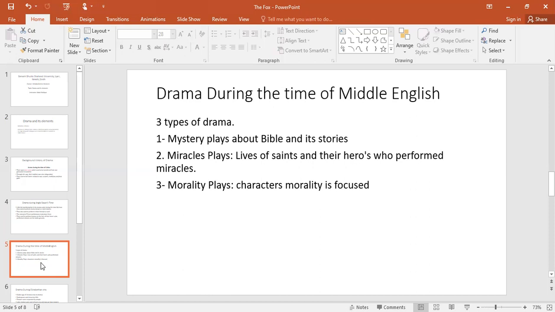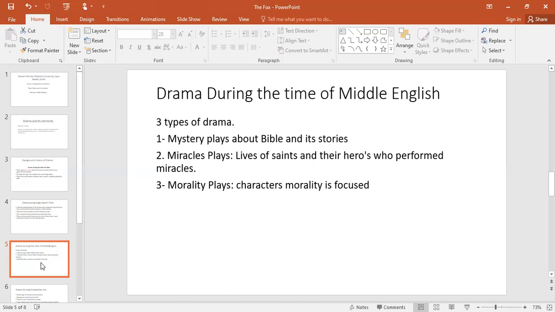Number one was mystery plays, and these plays were written about the Bible and its stories. That means in mystery plays, they used to write stories about the Bible, or the story is taken from the Bible. Whatever story is being performed in the street or on the stage, that story was taken from the Bible.